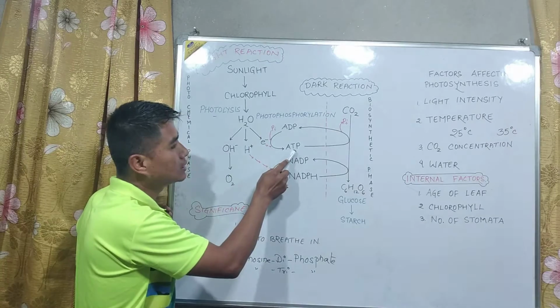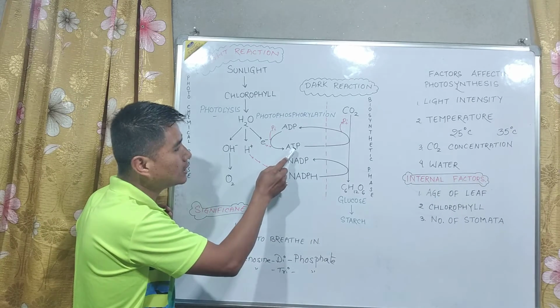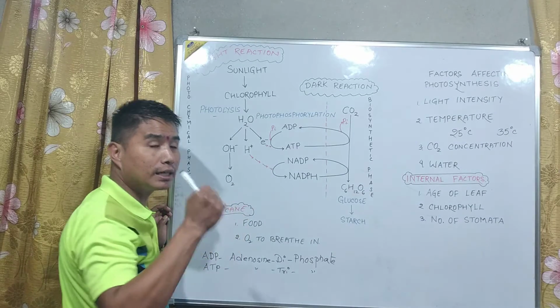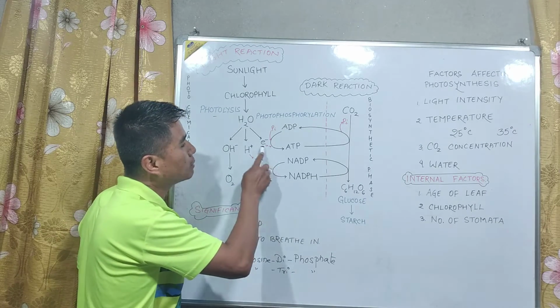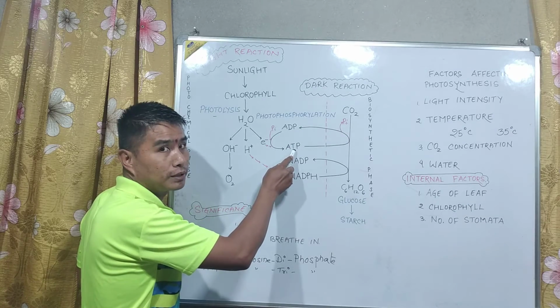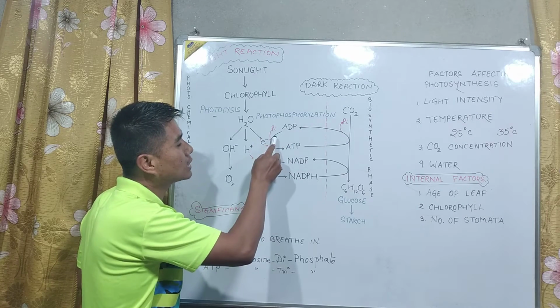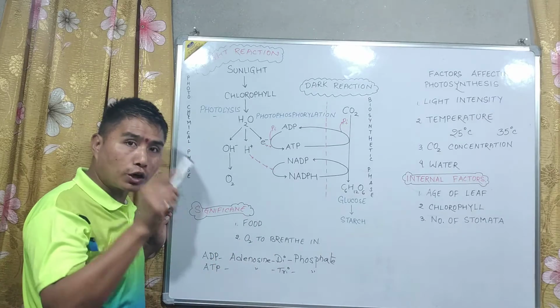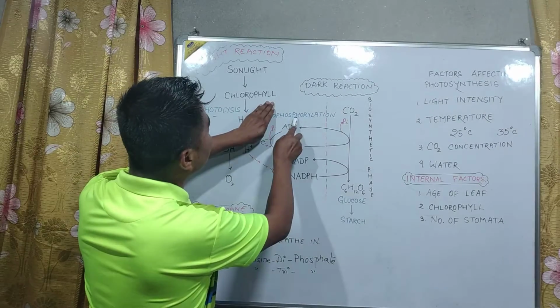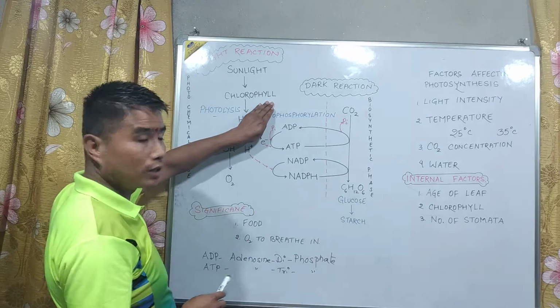In this formation, this electron acts as the energy supplier. With the help of this electron energy, ADP is converted into ATP, in which a phosphorus ion is added, which is known as phosphorylation.